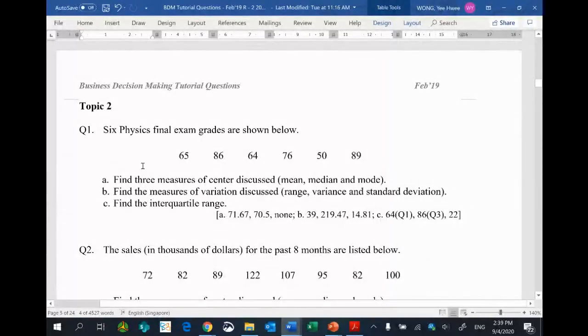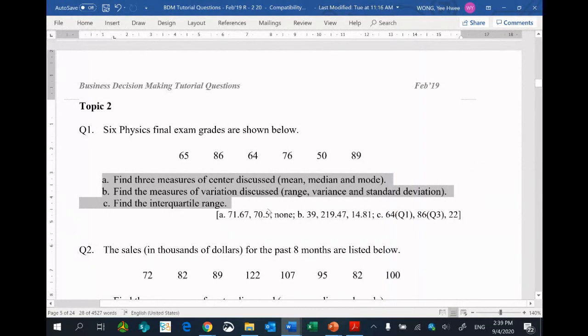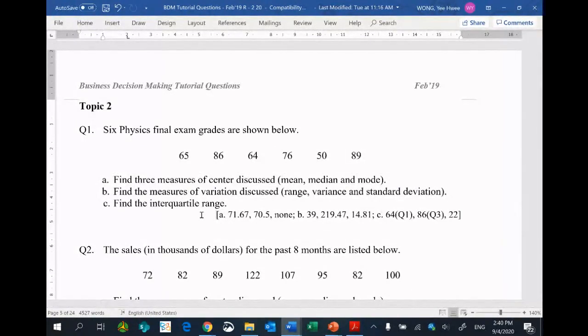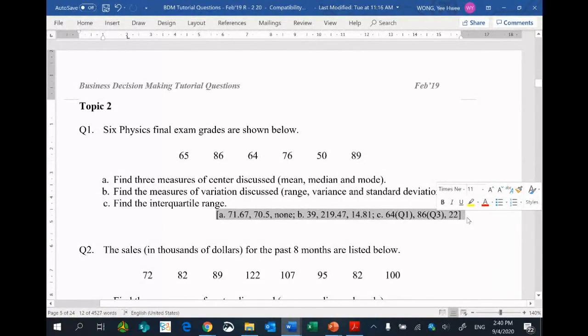And each of the 1, 2, 3 has the same question as what you have done just a while ago. Mean, median, mode, range, variance, standard deviation, and interquartile range. Okay, so for all the questions where you need to do some workout and you need to write a solution, then you find the final answer. The final answer will be provided to you here. Okay, these are the final answers.